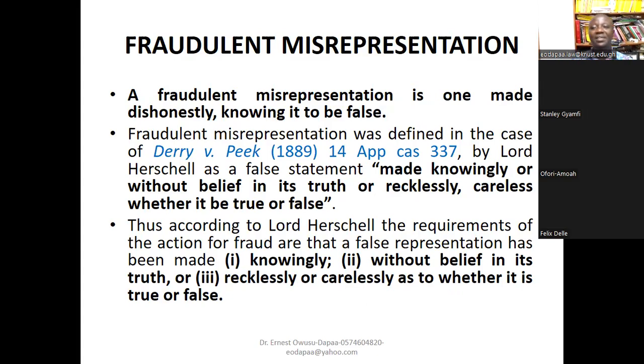That is the definition of fraud, and for that matter fraudulent misrepresentation, in the locus classicus, the celebrated case of Derry and Peek, 1889. It's a case that everyone should know.